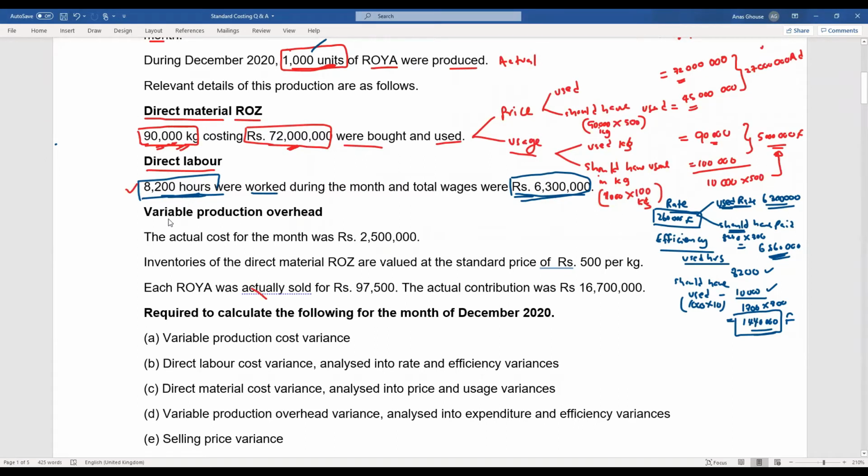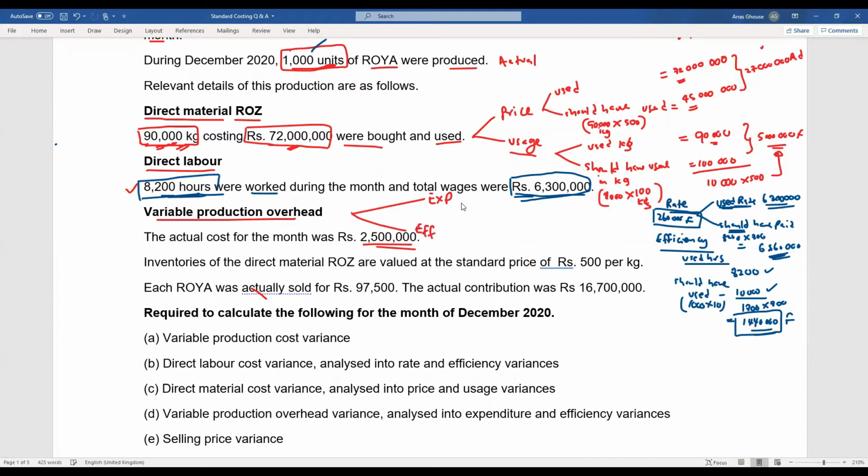Now let's move on to the variable production overhead. The actual cost for the month was 2,500,000. Variable production overhead also consists of two types of variances: expenditure variance and efficiency variance.